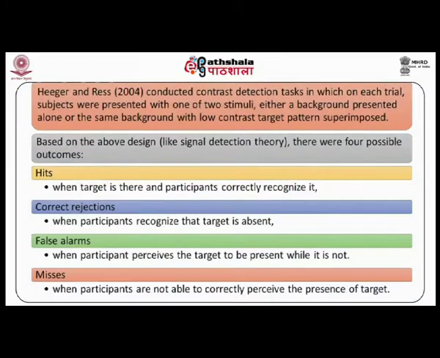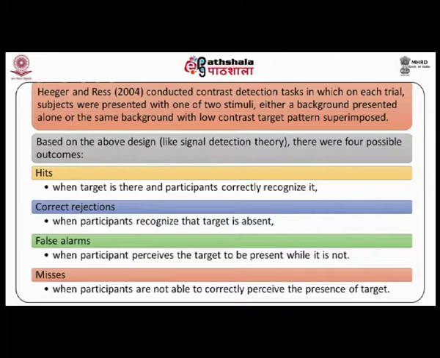Heeger and Rees conducted contrast detection tasks in which on each trial subjects were presented with one of two stimuli: either a background presented alone or the same background with a low-contrast target pattern superimposed. There was a button that participants had to press when they saw the target or when they believed the target was absent.